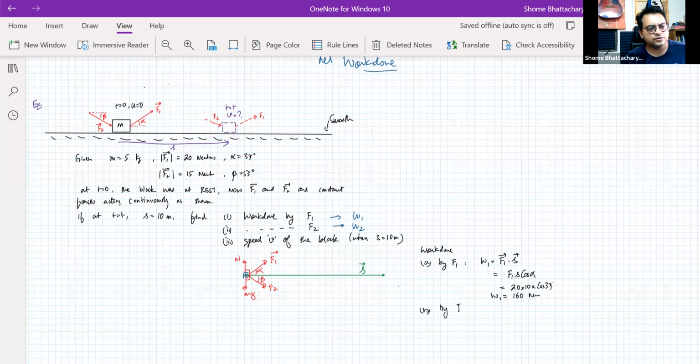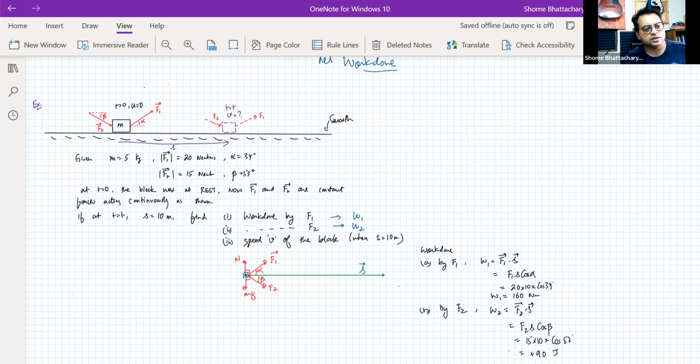Now, as far as F2 is concerned, the work done will be F2 dot product with the displacement. So F2 S cos beta. So that is now 15 into 10 into cos 53, which is 3 by 5. Okay. So plus 90 joules.